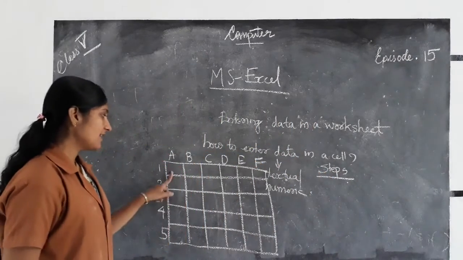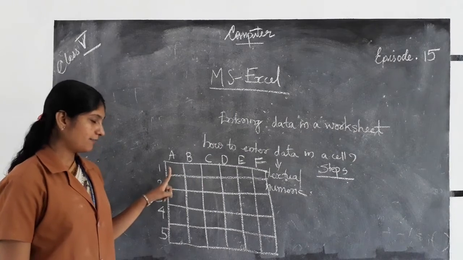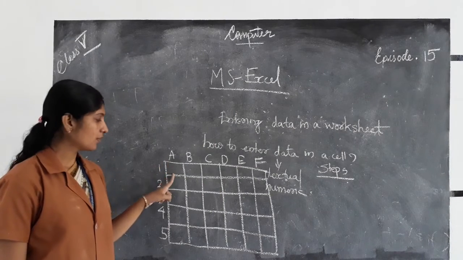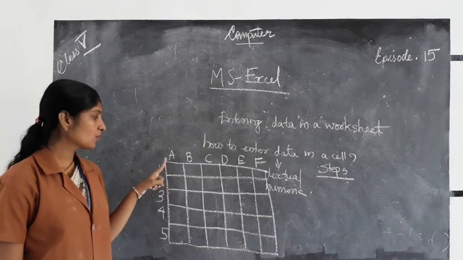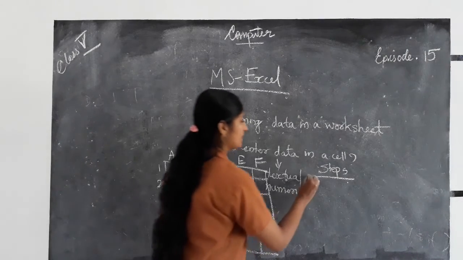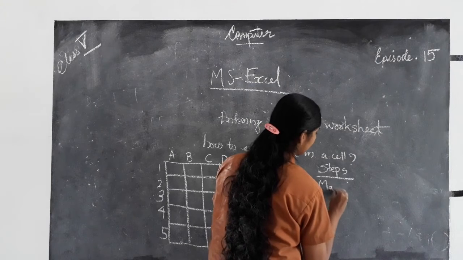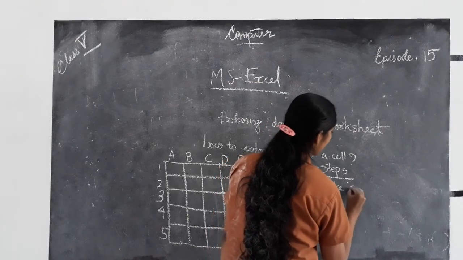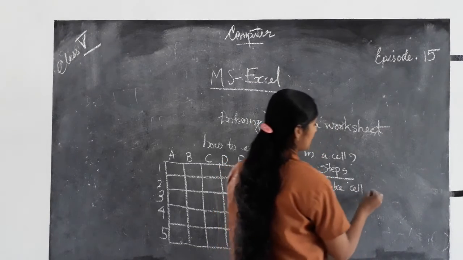If you want to enter any data in the first cell, you have to make that cell active.